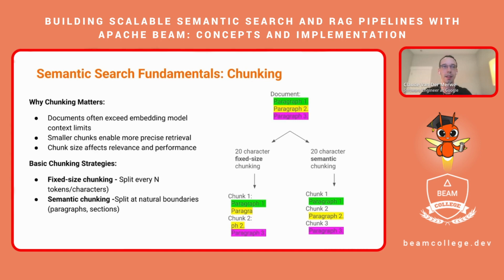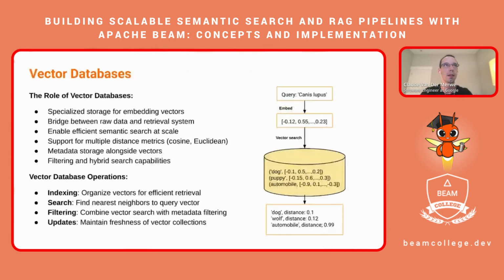Two common chunking strategies are the very simple fixed size chunking where, for example, every 20 characters, a document is chunked into a new chunk. And then you get more sophisticated ones that try to split documents on natural sentence barriers like new lines or paragraphs.